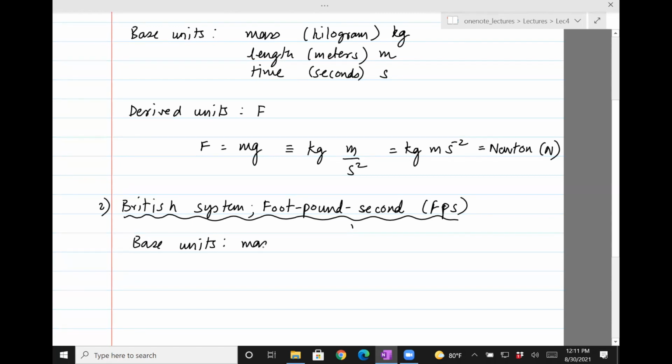For mass, it's usually pounds. For length, we have feet. And for time, it's seconds.